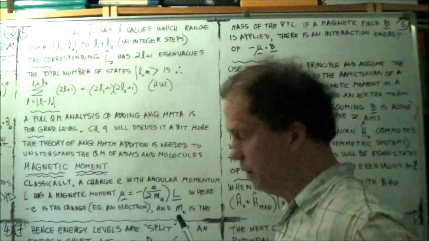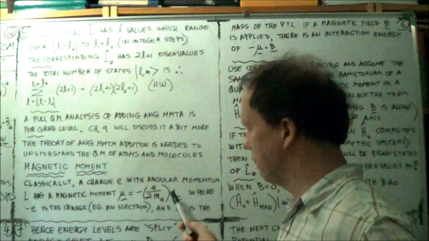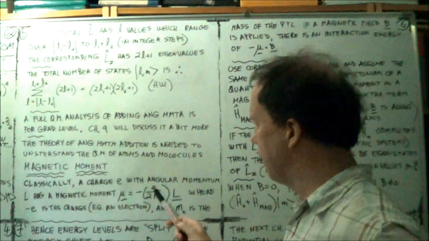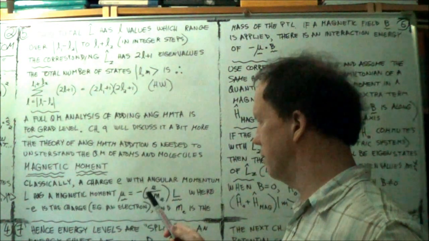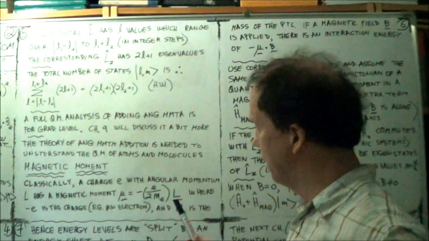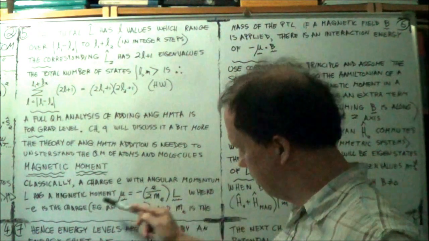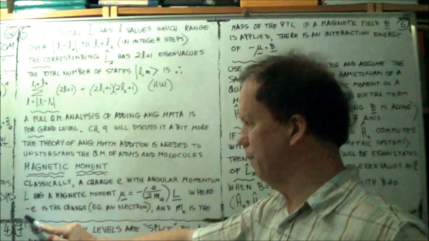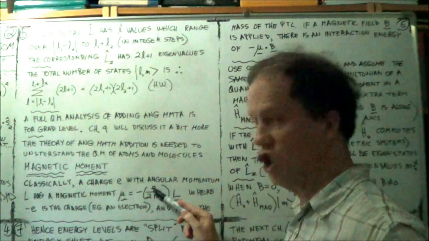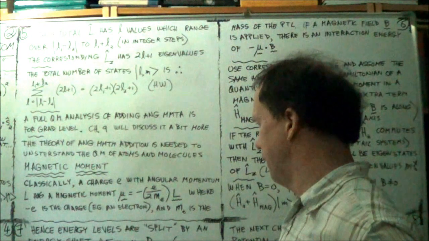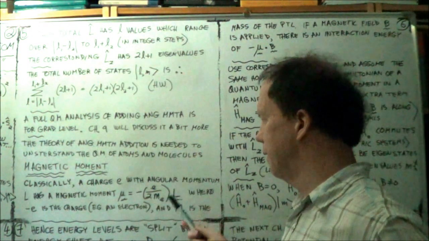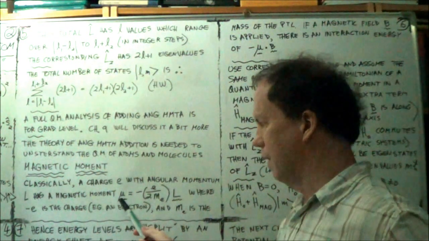So there's the connection. This little magnet behaving because of its angular momentum here. E is the charge that's whizzing around. M is its mass. So E over M. And now we're going to talk about the electron. So this m_e is the mass of the electron, and e is the charge of the electron. Right? Now this is from classical mechanics.